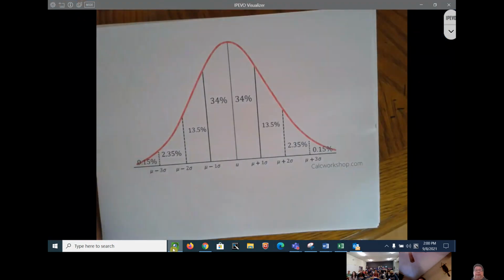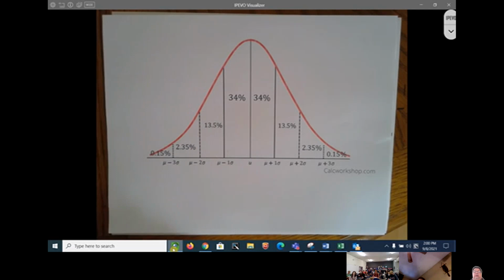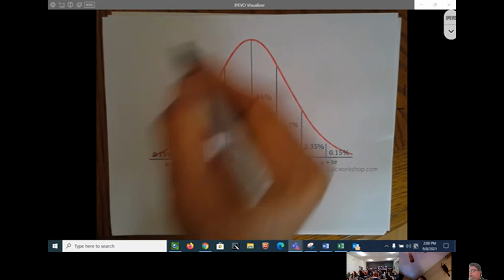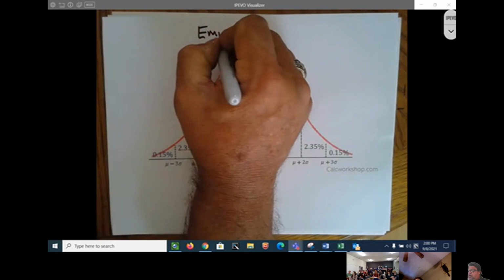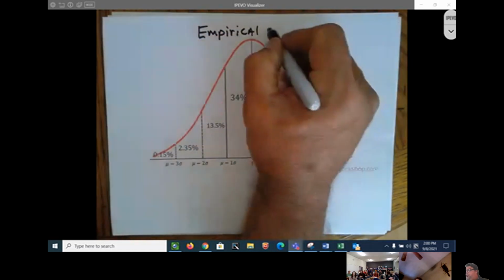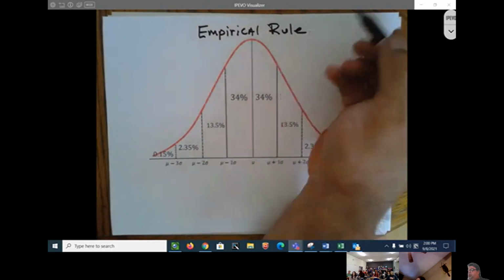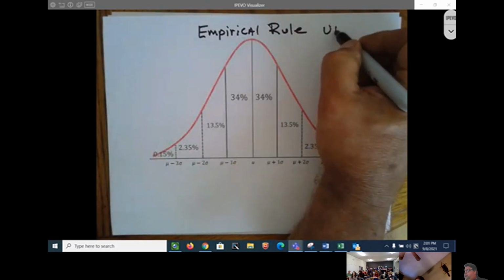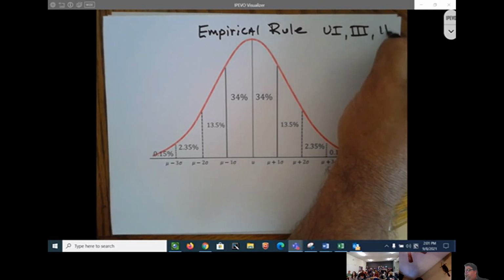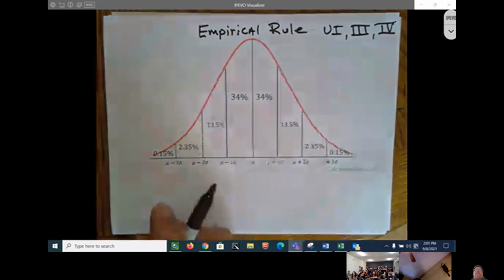I sent this file. I know that half of you won't print it out, but I sent you this file, and that is called the normal curve with the z-scores as well as the empirical rule. And the empirical rule will be on your Unit 1, Unit 3, and Unit 4 test.